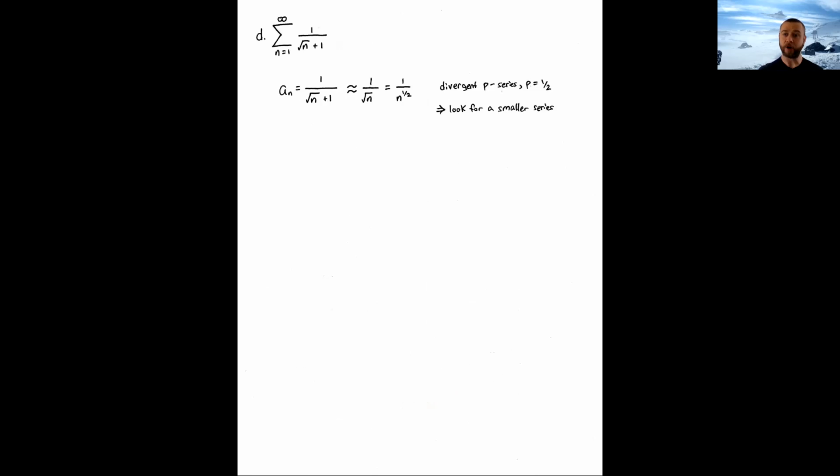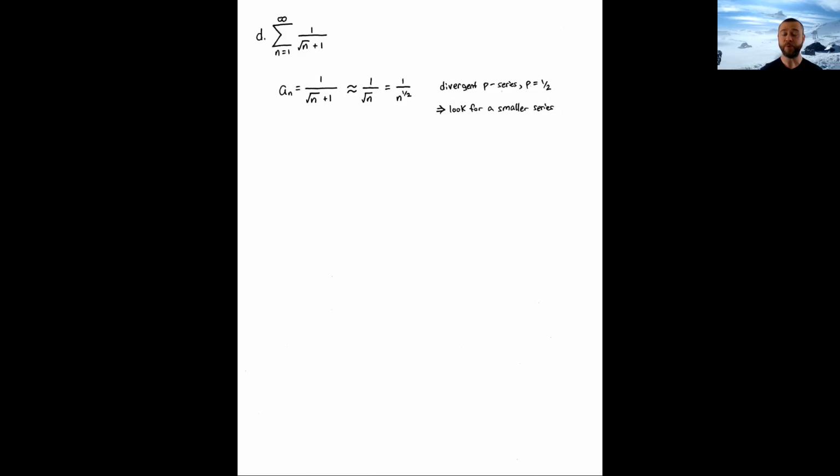All right, we can rewrite our large n estimation term here as 1 divided by n to the 1/2 power. And we might recall when you have 1 over n to a power, that is the form for the term of a p-series. And in this case, the p-value is 1/2.